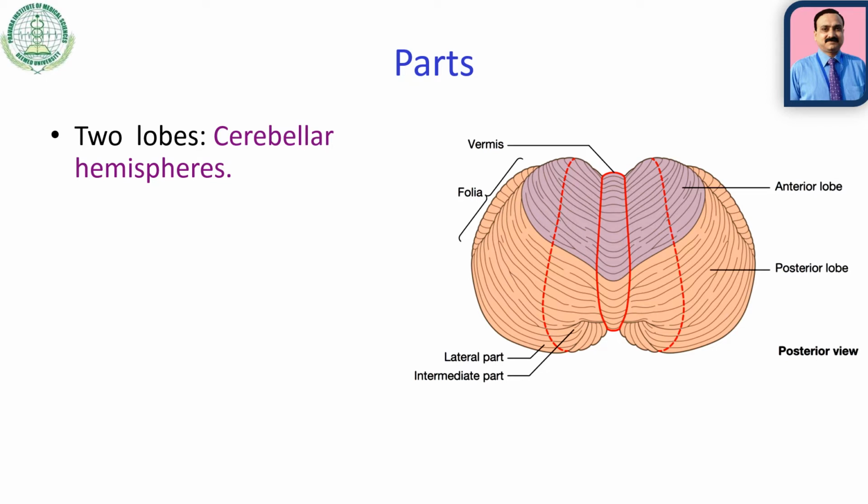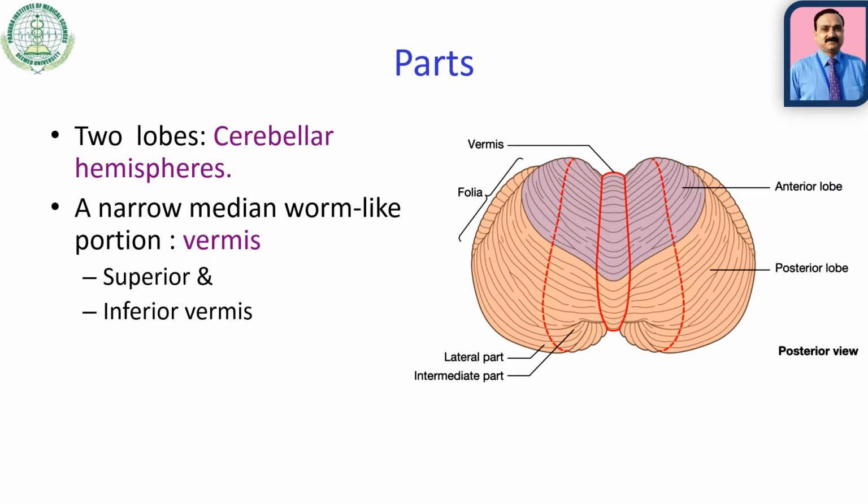As I told you, the cerebellum has three parts: two lobes called the cerebellar hemispheres and a narrow worm-like portion called the vermis. The two cerebellar hemispheres are joined with the help of this worm-like part called the vermis, which again has two parts, superior and inferior vermis.